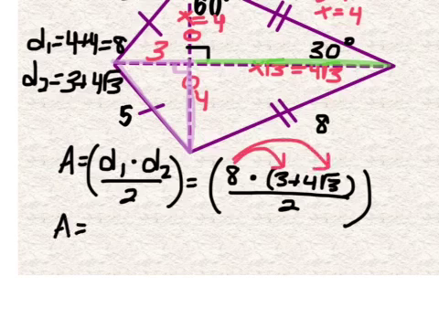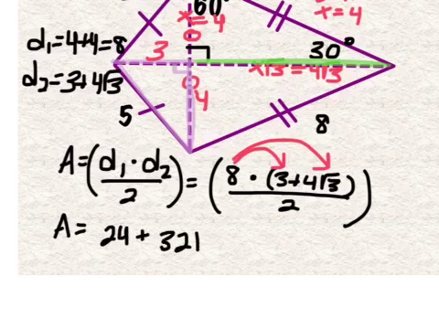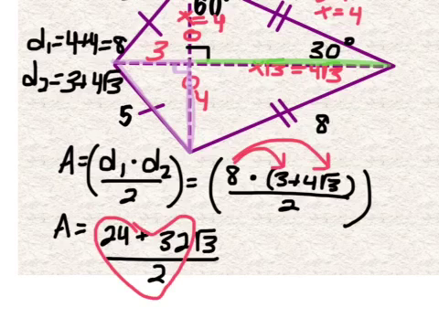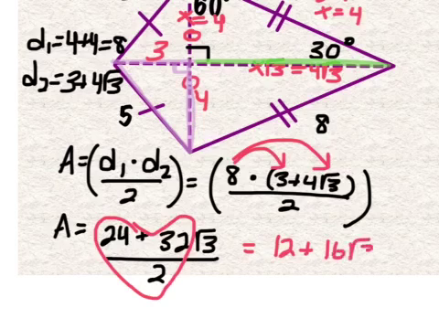So our area is 24 plus 32 root 3 all over 2. You now can reduce, and because both portions on either side of the equal sign reduce by 2, you can reduce all 3 pieces at the same time. So that gives you a total area of 12 plus 16 root 3 units squared.